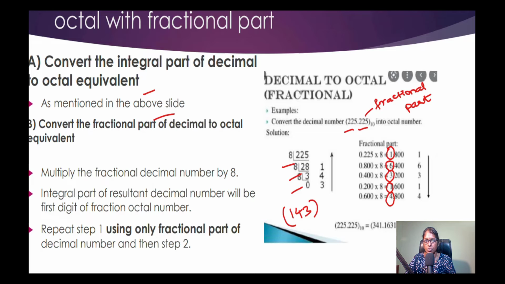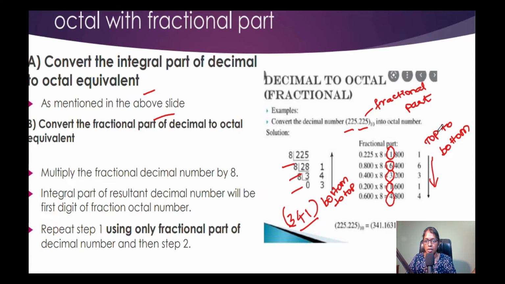When you write down this fractional part, you have to write from top to bottom, whereas in the whole part you have to write from bottom to top. So the equivalent value of 225.225: the whole part is 143, which we write bottom to top, that is 3 first, then 4 and then 1.